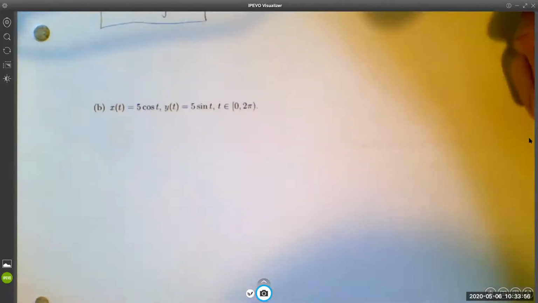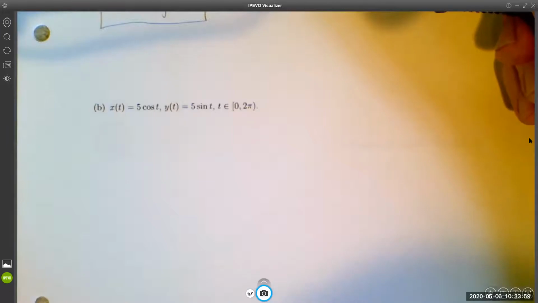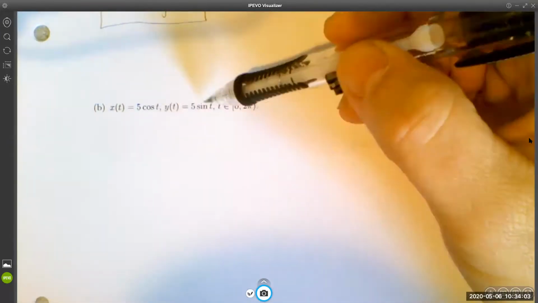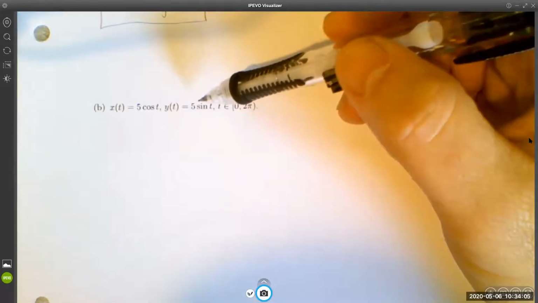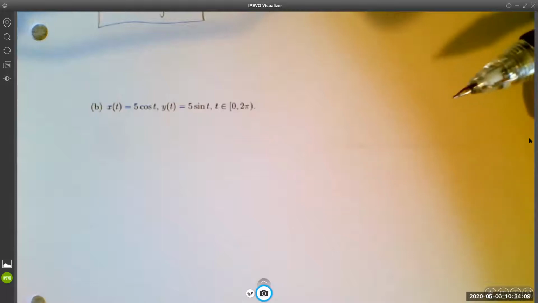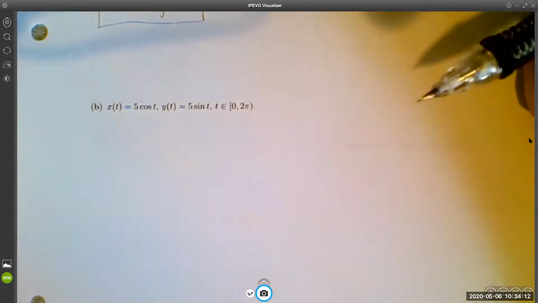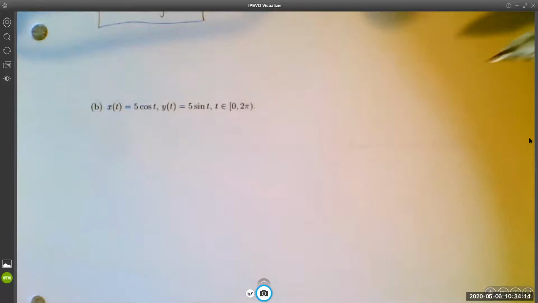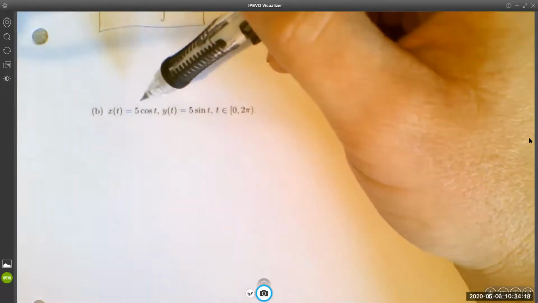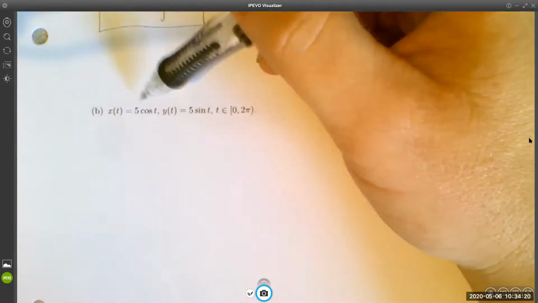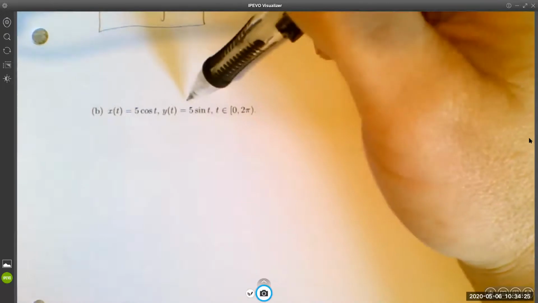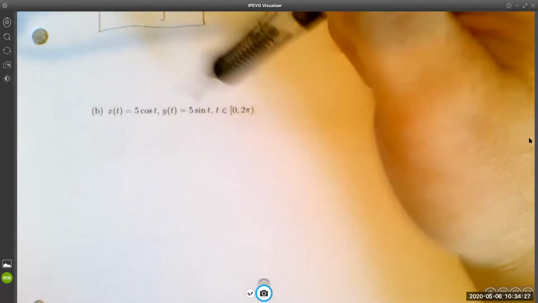So in this case, we've got these trig functions. Usually a good set of identities to make use of would be the Pythagorean identities. So if x is 5 cosine t, then x squared would be 25 cosine squared t. And similarly with y, so then I'll have a cosine squared and a sine squared.